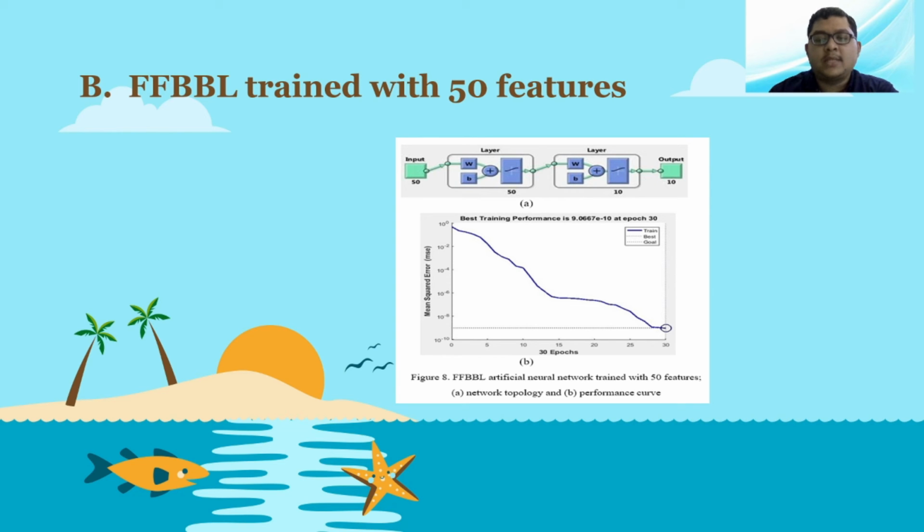The training process took 24 minutes and 55 seconds to reach a state of stability after 30 epochs. This network recognizes faces with 98.80% accuracy. Network performance was measured using MSE and is illustrated in Figure 8b.